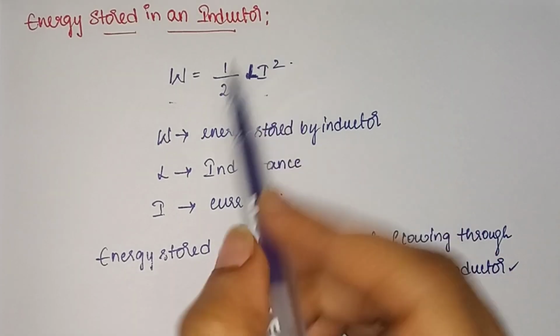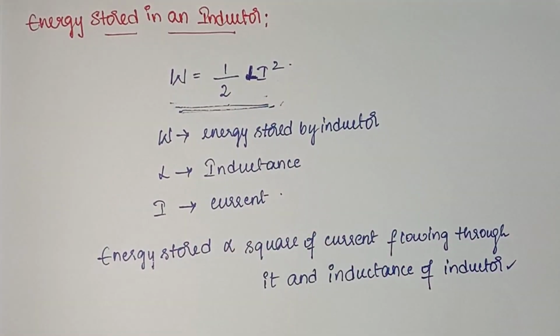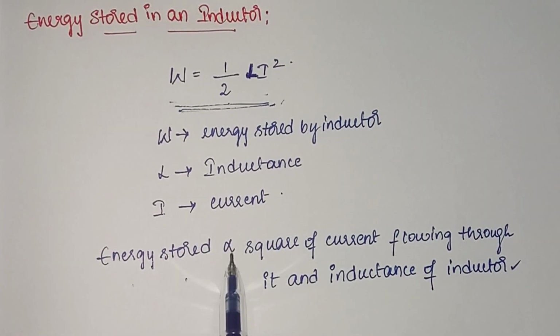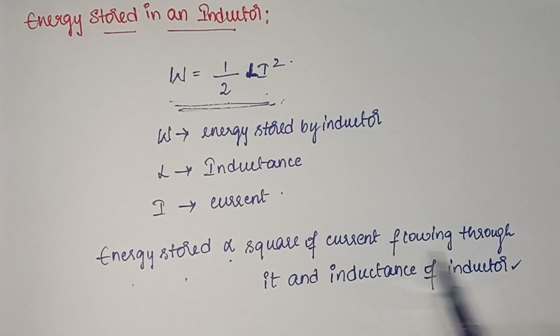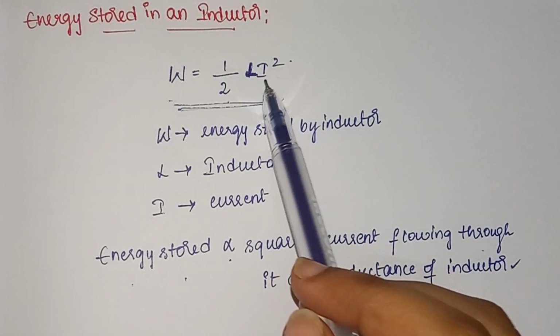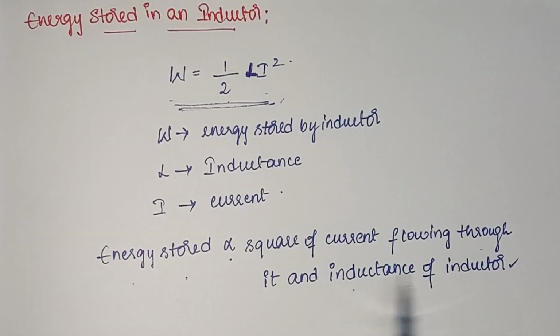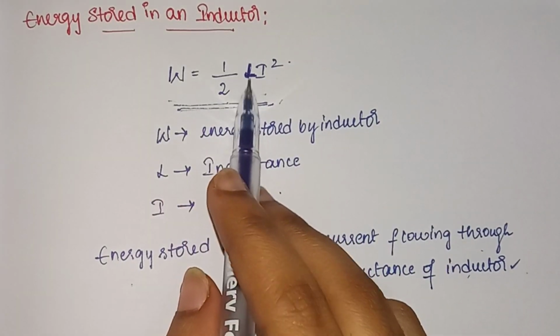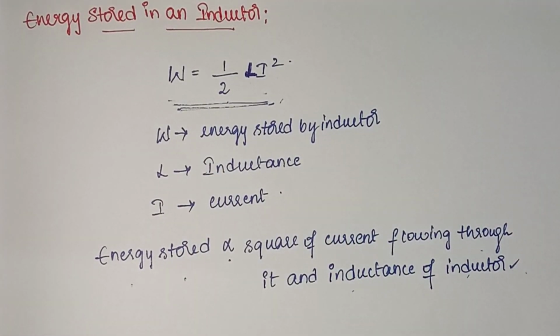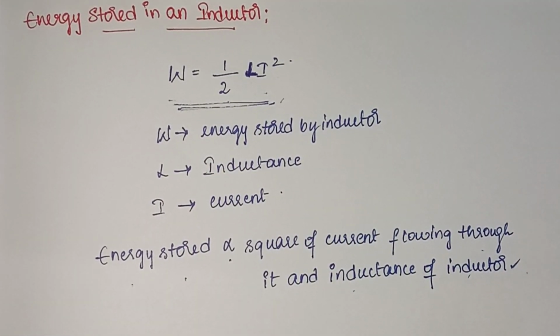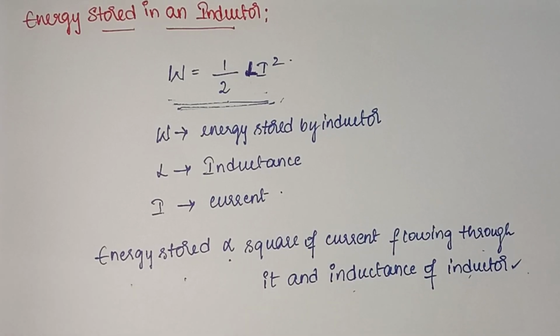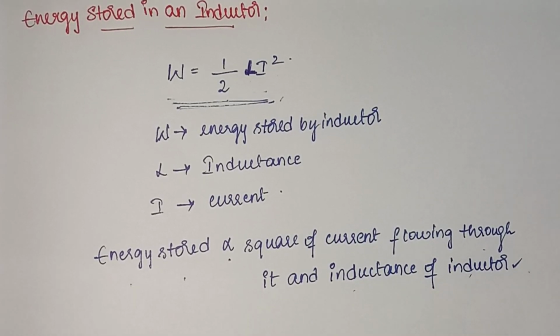So this is why we'll get this particular formula. So energy stored will be always directly proportional to the square of current flowing through it. Square of current means I square, and the inductance of the inductor. Inductance of the inductor is denoted by capital L. So finally energy stored in an inductor is nothing but W is equal to half L i square. So this is the concept of inductor.